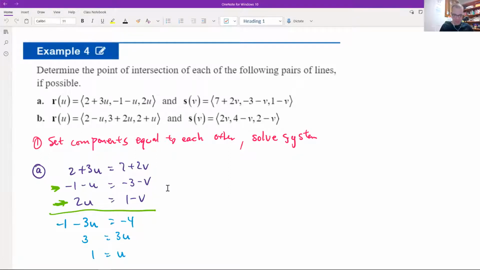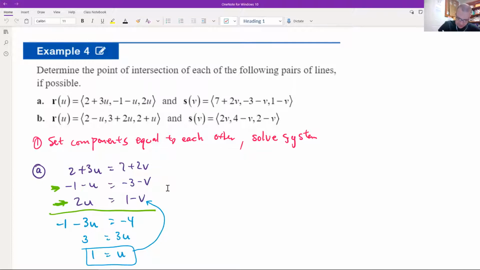Once we figure that out, we can go back and substitute that into one of these equations. And as long as the values for u and v that we find here work for all three of the original equations, we're going to be great. It's going to go into u.